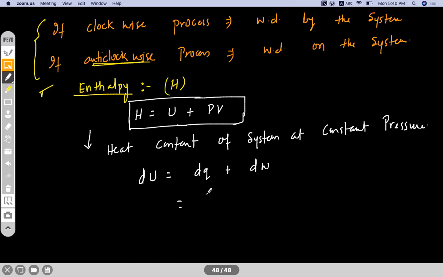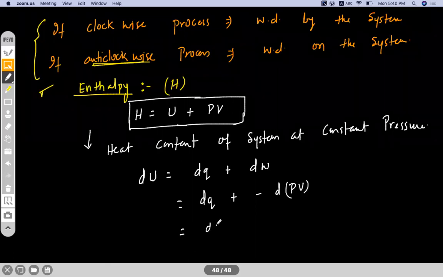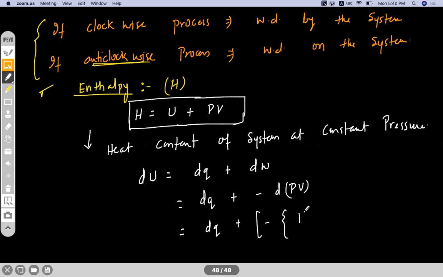So this is equal to dQ, and dW we can write as minus d(PV). So this is equal to dQ plus minus PdV plus VdP, PdV plus VdP.